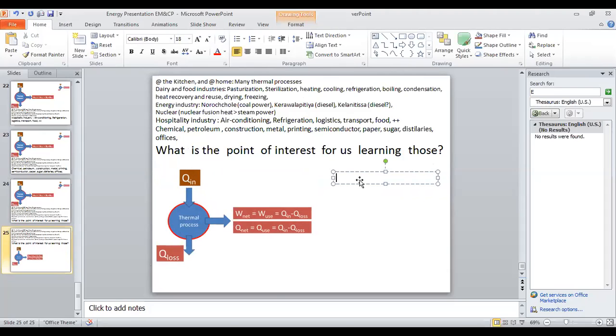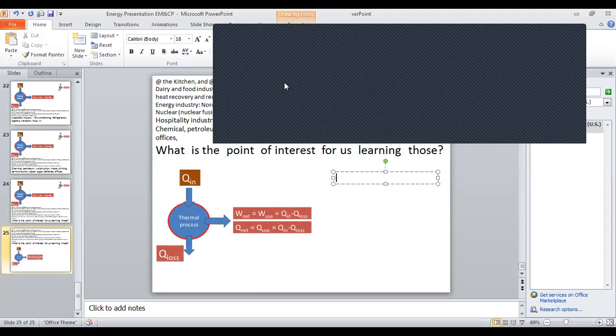We should consider energy as a resource. Energy is a valuable and limited resource.